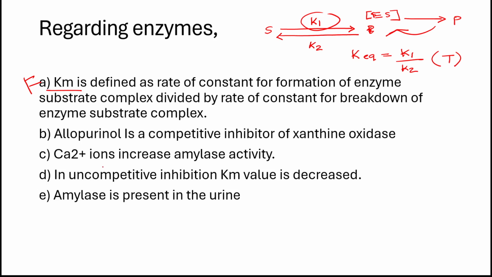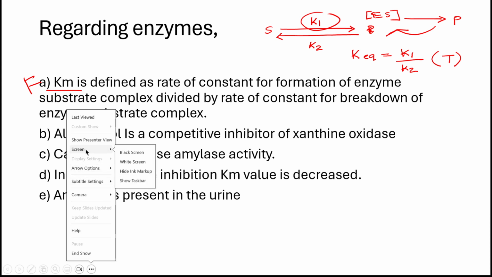Now, the second statement is: allopurinol is a competitive inhibitor of xanthine oxidase. This is actually a drug used in the treatment of gout. If you can remember, what gout means is that there are instances where you would see increased levels of uric acid, or hyperuricemia.